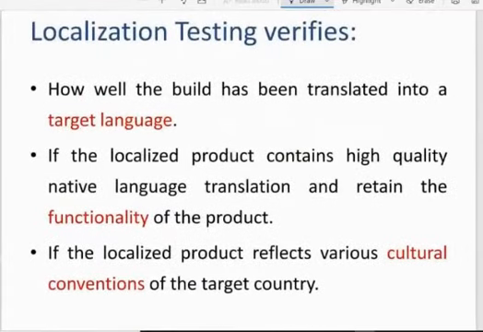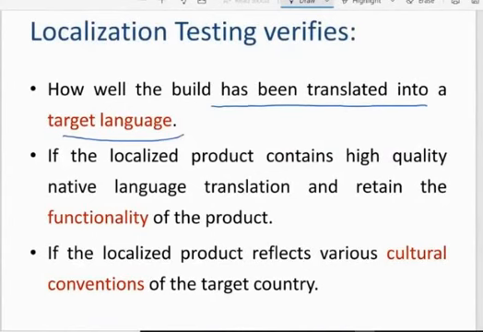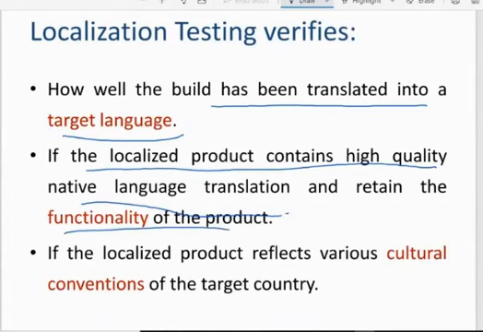So my localization testing verifies how well the build has been translated into the target language, if the localized product contains high quality native language translation and retains the functionality of the product.